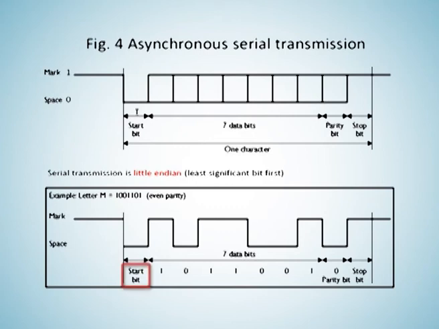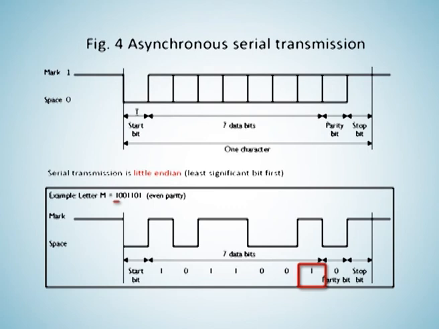Note that first a start bit which is 0 is sent. It is followed by the LS bit or bit 0 which is 1, then bit 1 which is 0, bit 2 which is 1, bit 3 which is 1, bit 4 which is 0, bit 5 which is 0, and at last bit 6 or MS bit which is 1.